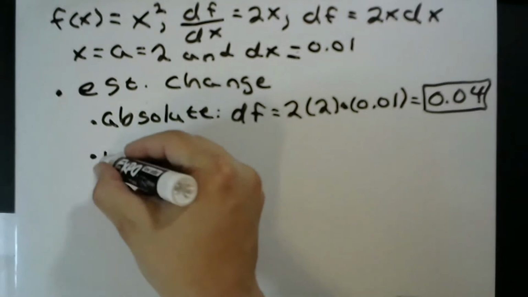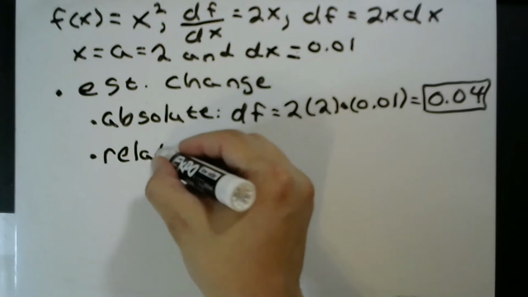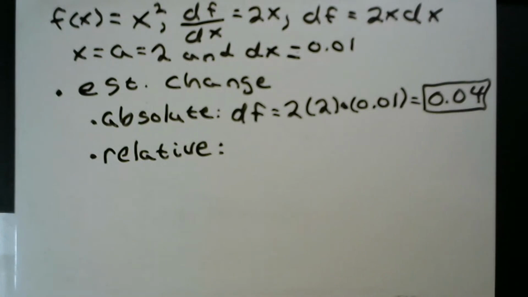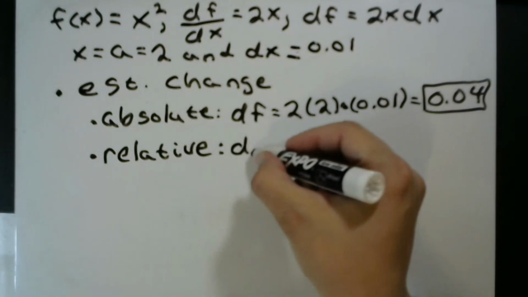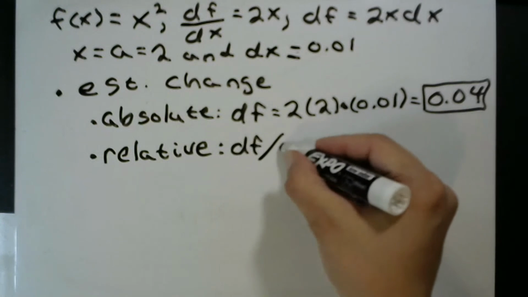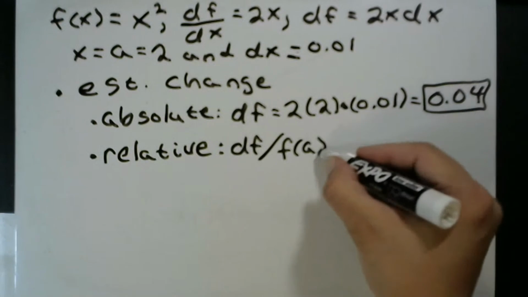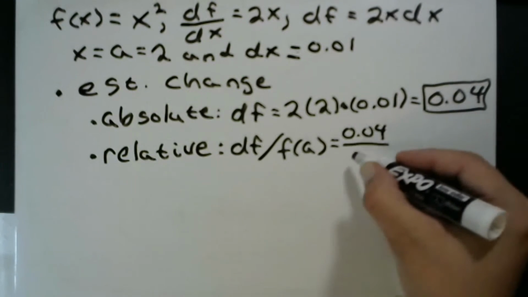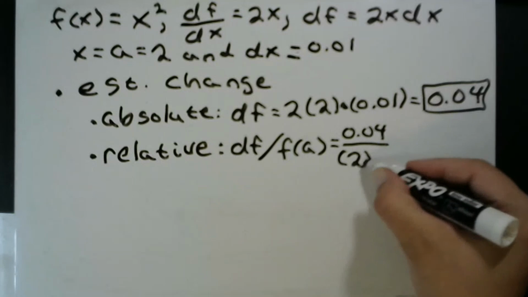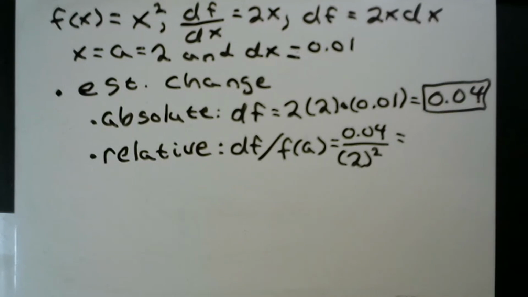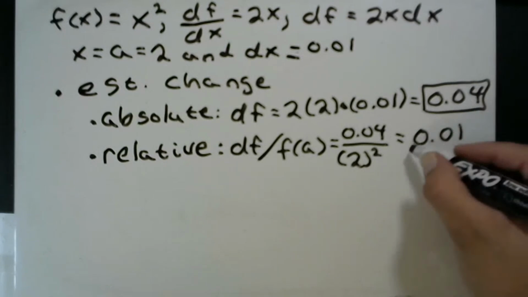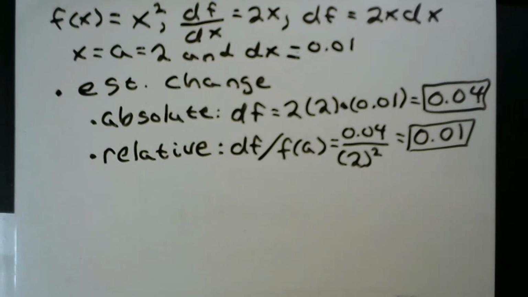Now for relative, this is going to be df over f of a, or 0.04 over 2 squared, and that'll come out to 0.01, or 1/100th.